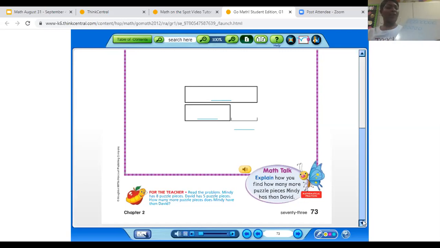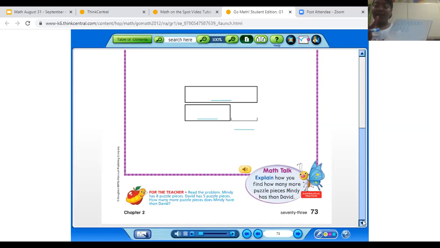All right, so we're trying to compare. We're trying to figure out how many more Mindy has than David. So let's see. I'm going to draw a line to show that this is the same amount that they have, right? How many don't have lines by them?